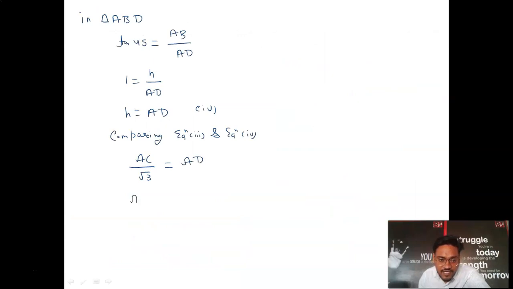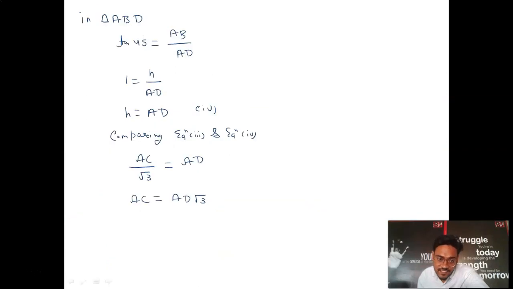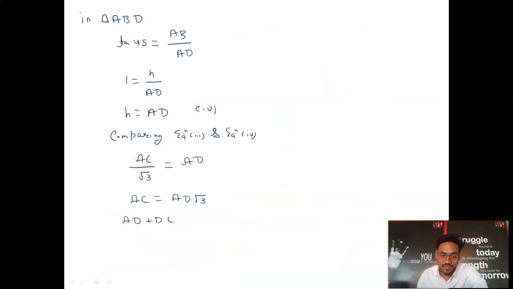So from here I would get AC is equal to AD root 3. Clear? So I related AC and AD. Again, I can write AC as AD plus DC. You can check from this figure, the whole AC is nothing but the sum of AD plus DC.